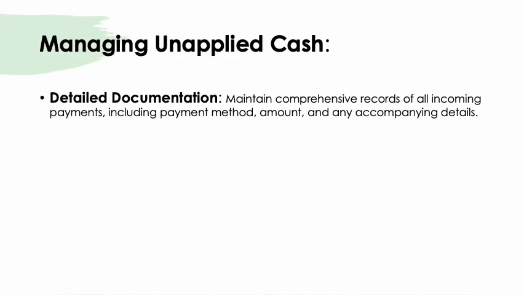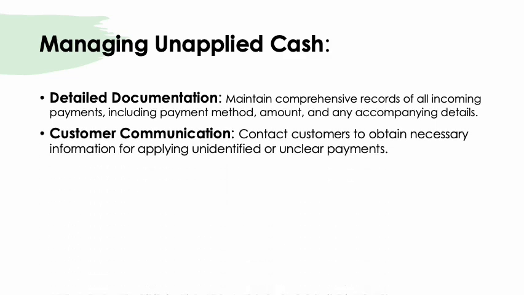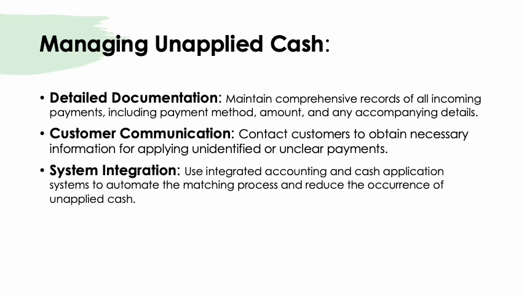Detailed documentation. Maintain comprehensive records of all incoming payments, including payment method, amount, and any accompanying details. Customer communication. Contact customers to obtain necessary information for applying unidentified or unclear payments. System integration.